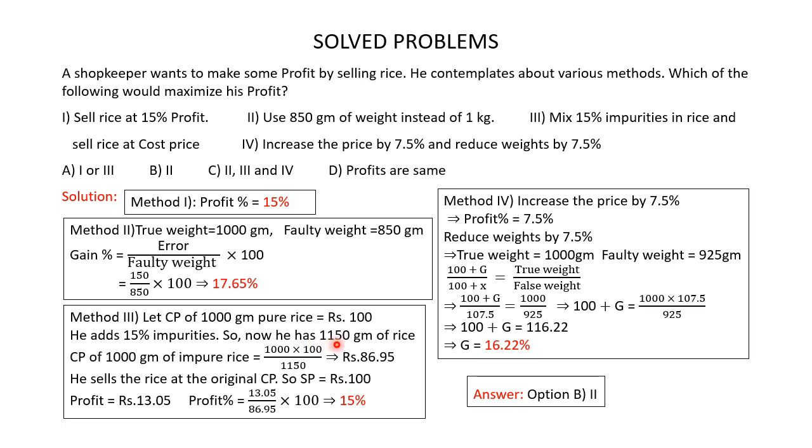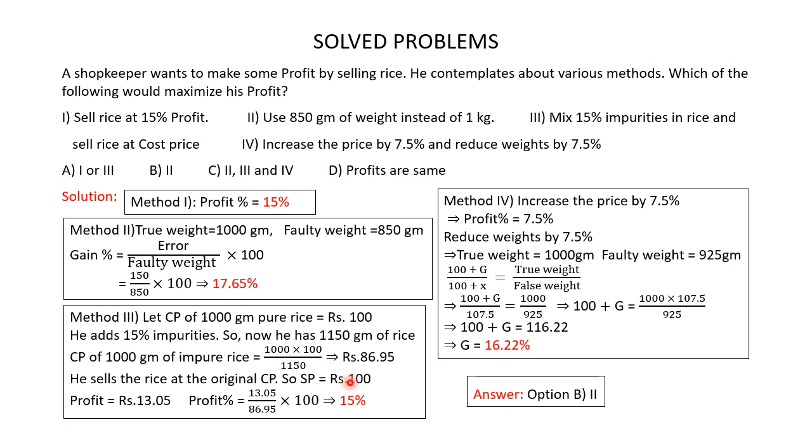Now, if the cost price of 1150 grams of rice is rupees 100, then the cost price of 1000 grams of impure rice is equal to 1000 × 100 / 1150, which is rupees 86.95. So, the cost price of 1000 grams of impure rice is rupees 86.95. Now it's given that he sells the rice at the original cost price. Now the original cost price is rupees 100. So the selling price of 1000 grams of impure rice now is rupees 100.